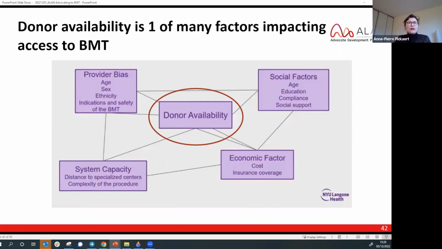So this seems more like quantifiable advocacy action or activities, focusing on finding donors, making sure they're available.